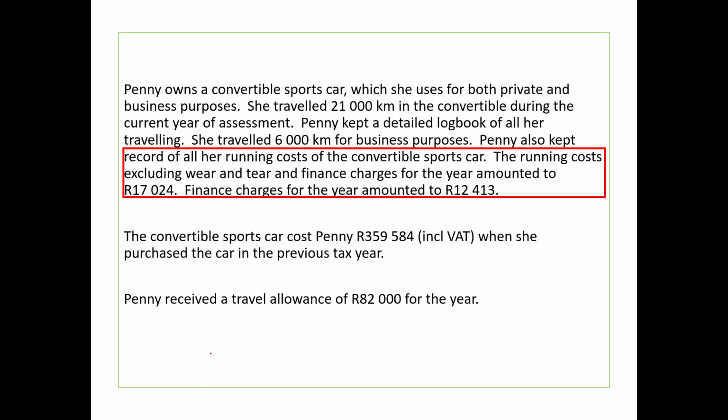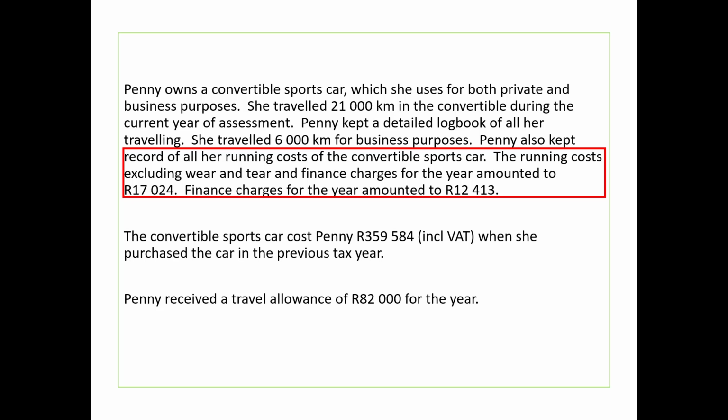So that's the first option. The second option is they can make use of the deemed cost scale to see how much can be deducted from the travel allowance that they have received.